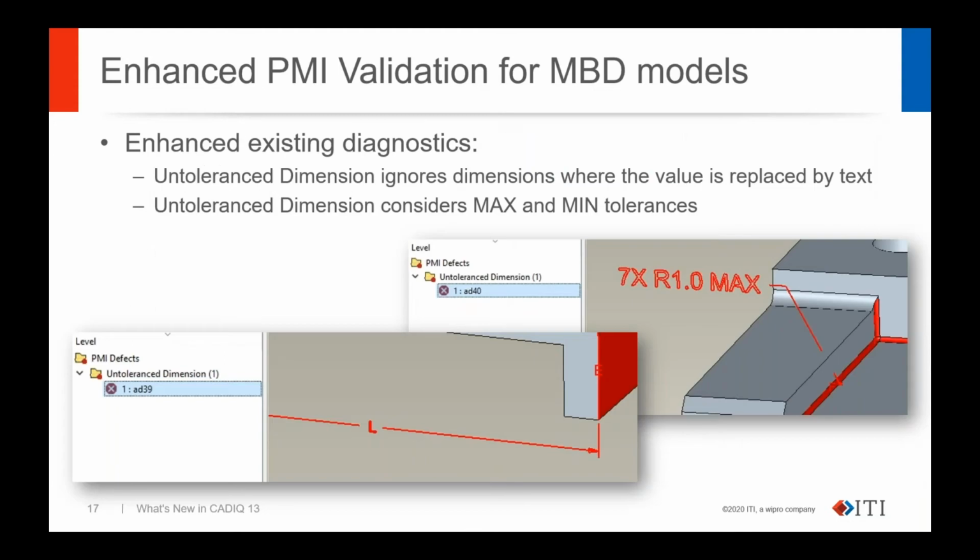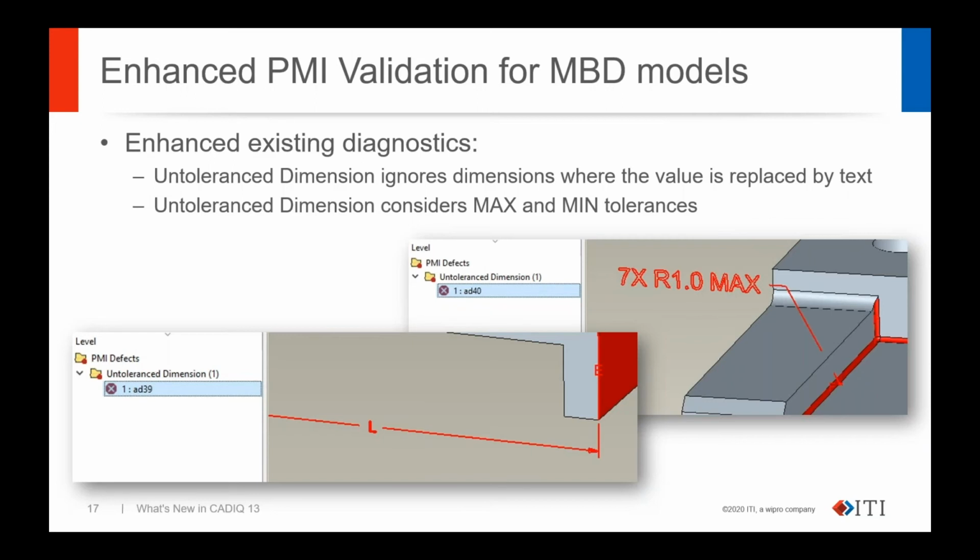And a couple of examples here, there's a diagnostic that has existed for a while. It's called untoleranced dimension, and this is where CADIQ would look for a dimension in the model that's neither a basic dimension nor a reference dimension, and it would flag it if it didn't have a displayed tolerance.